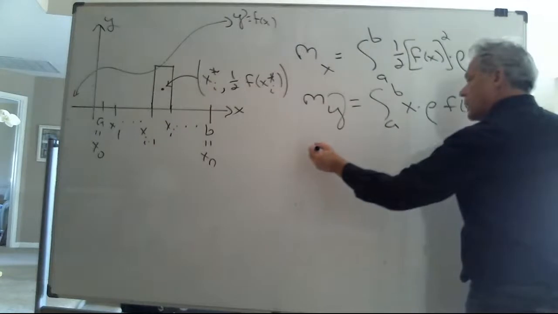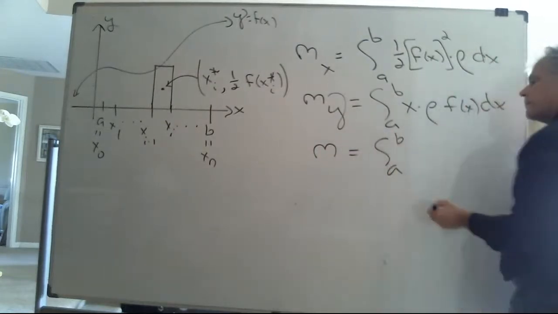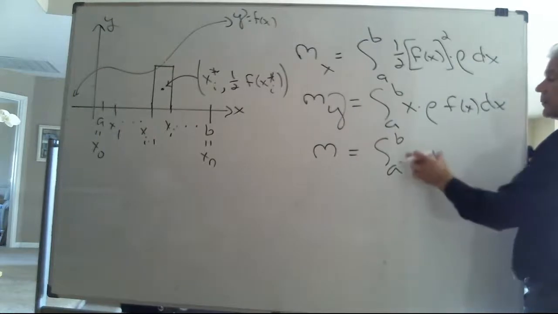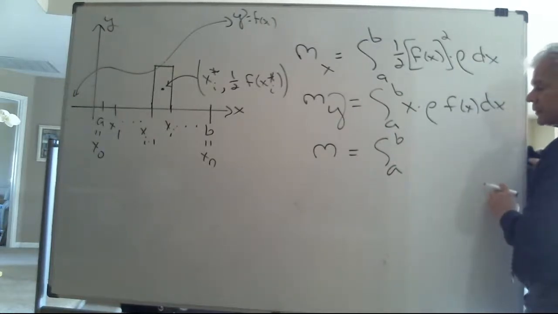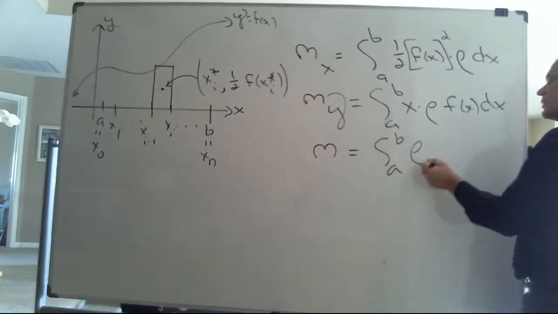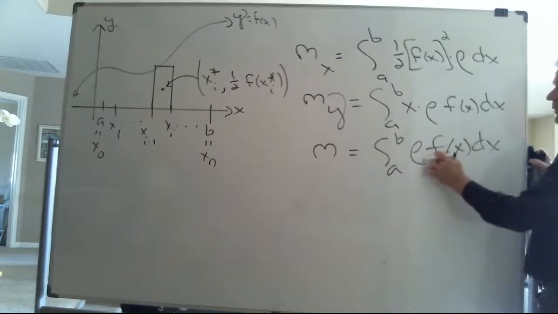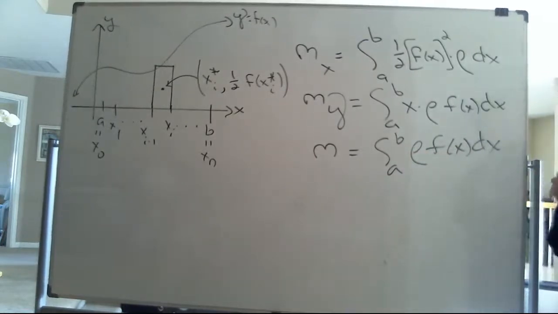Now, the total mass can be interpreted as the limit of a Riemann sum. But that's just going to be the sum of the masses of the individual particles, which are nothing more than rho times f of x dx. That is to say, density times the area of those rectangles.